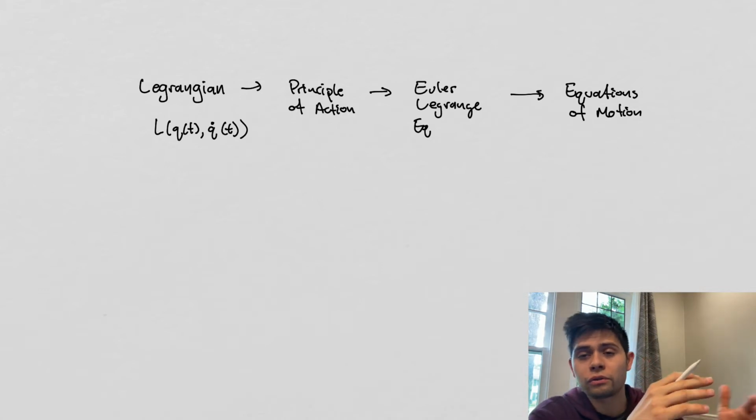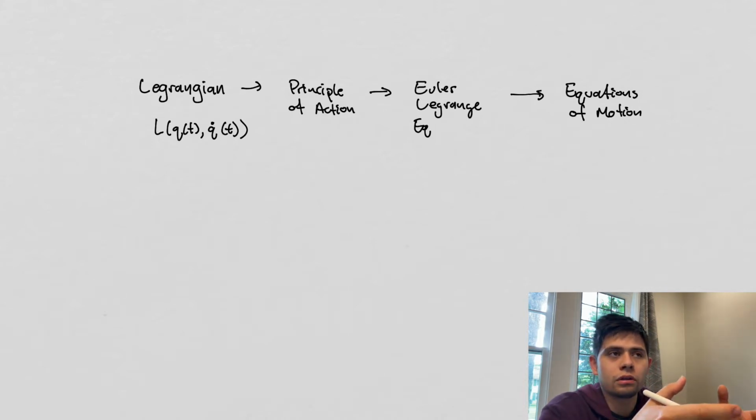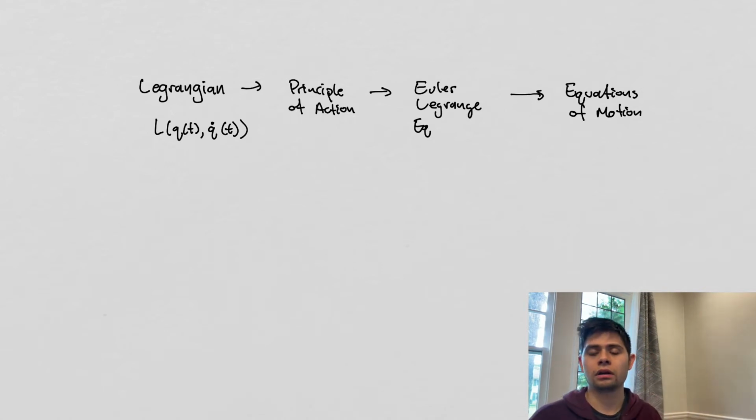You could in theory find a Lagrangian that would lead perhaps to your Schrodinger equation, or you could find a Lagrangian that would lead to some arbitrary equation of motion, just some arbitrary differential equation, which is what all of these things are.